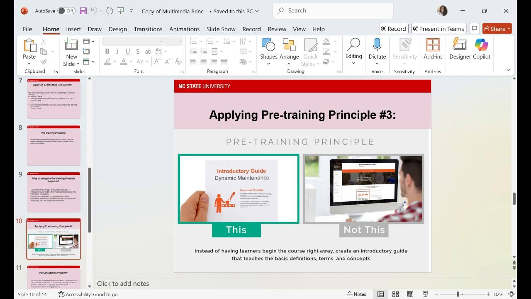This is more of a step by step. Instead of having learners begin the course right away, you want to create an introductory guide that teaches the basic definitions, terms, and concepts. By learning that and taking this before you actually do the class, it will make the learner feel more confident.